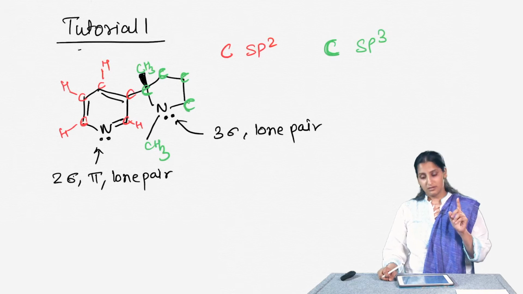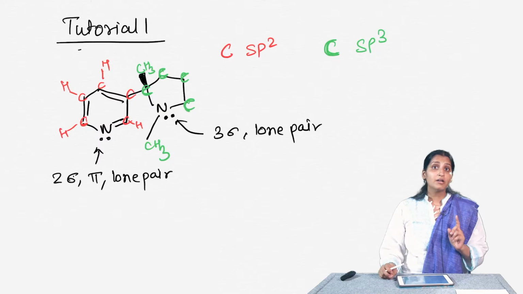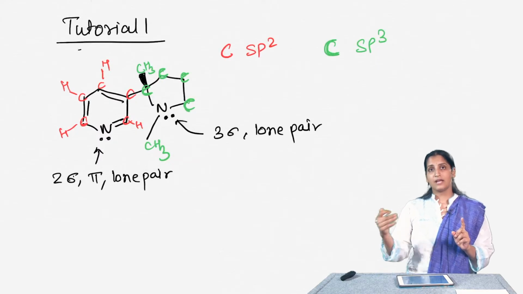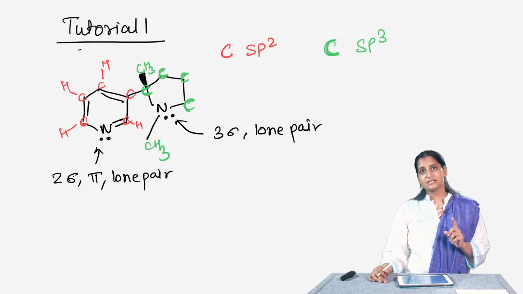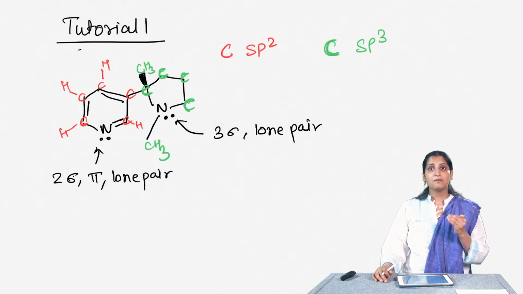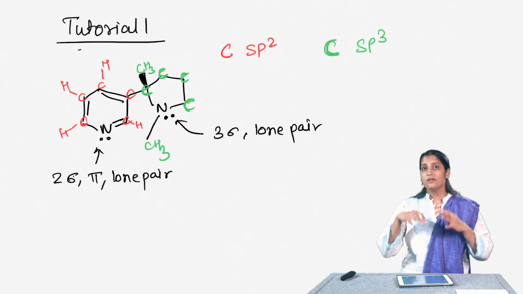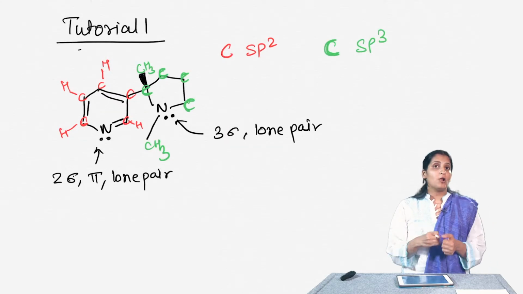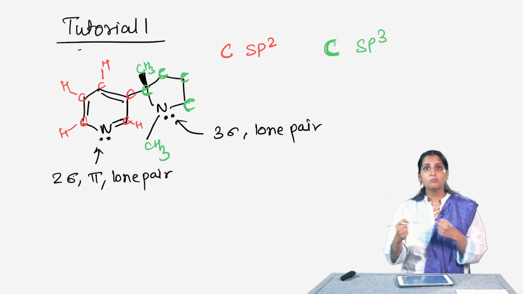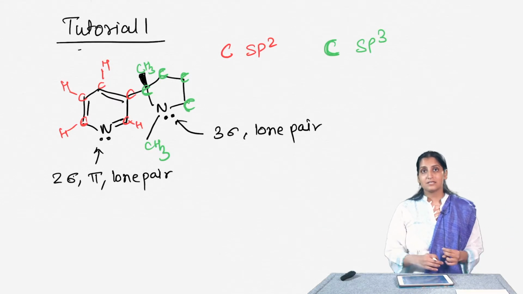Every time you make 3 sigma bonds and a lone pair, the nitrogen need not be just sp3 hybridized, and we can look at some examples in the next one, where that is not the case. But right now, if you really look at this nitrogen, that lone pair is kind of locked on that nitrogen. It cannot move around because it is bonded to another 2 sp3 hybridized atoms.